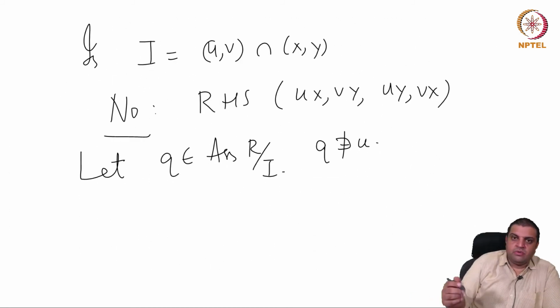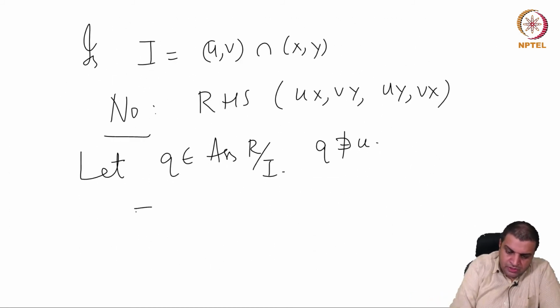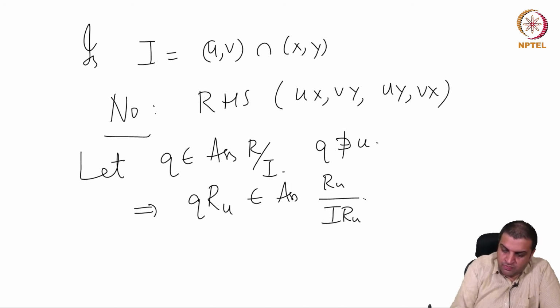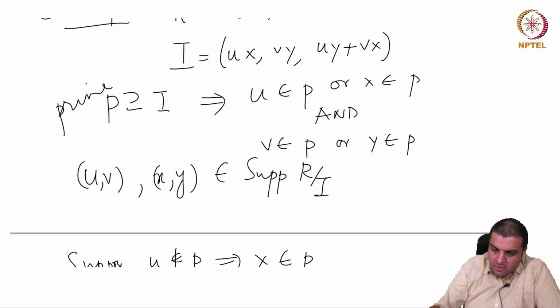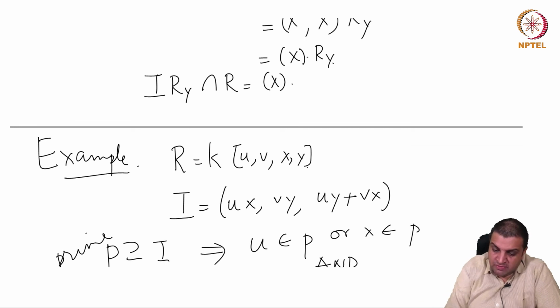So we're going to do this, which means that Q_R_U is associated to R_U mod I_R_U. But what is R_U mod I_R_U? We will just invert u here, and if you invert u, we would get x.